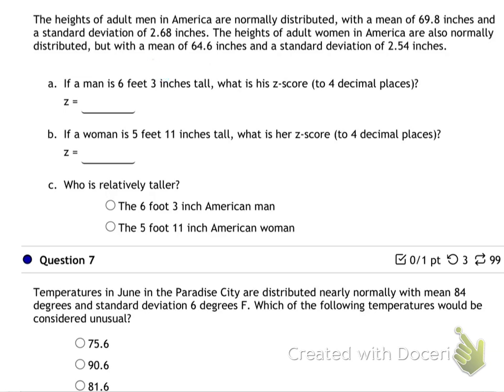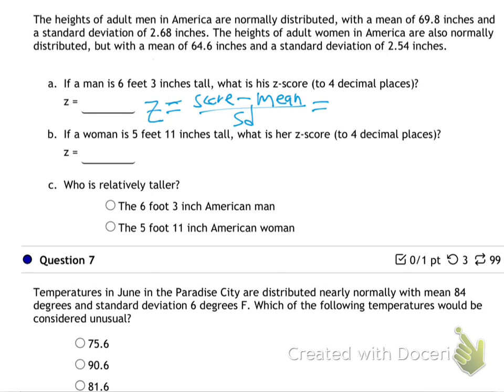So Z-score equals your score minus the mean, the average, divided by the standard deviation. That's how you do Z-score. So let's do it for the man first. Then we'll find the woman's Z-score, and whichever one's bigger means they're taller for their group. It's comparing you within your group.